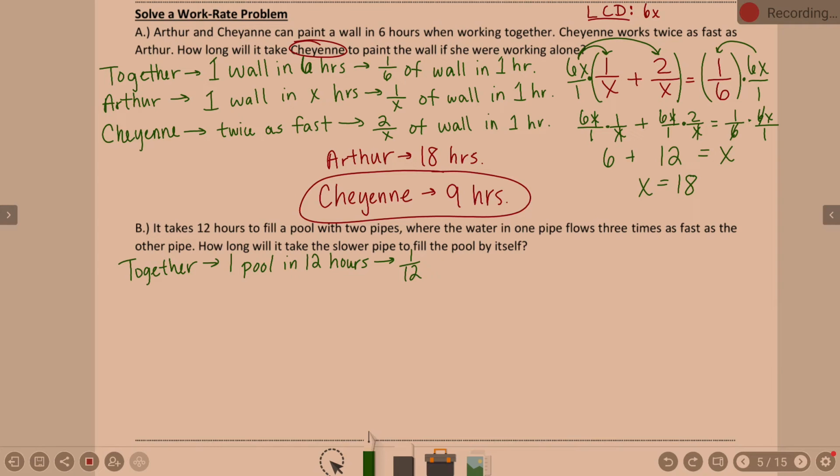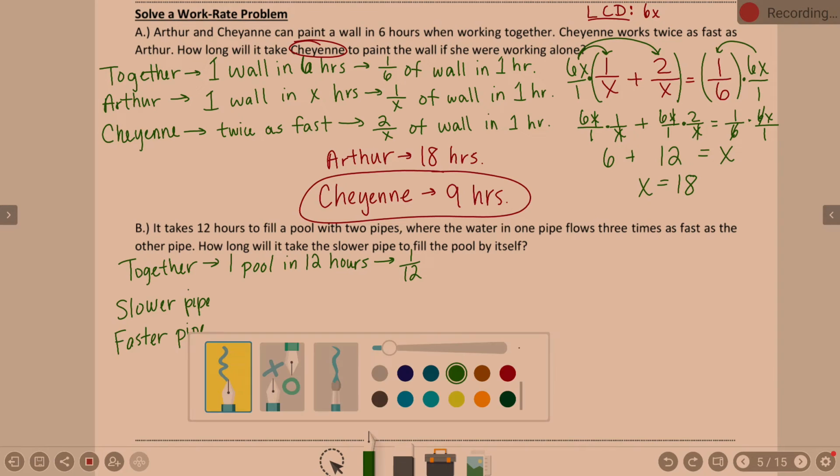And then we have one pipe flows 3 times as fast as the other pipe. In my notes, I used one pipe and other pipe. How about we use the slower pipe and the faster pipe? And I wrote slower piper. Not slower piper. Slower pipe.